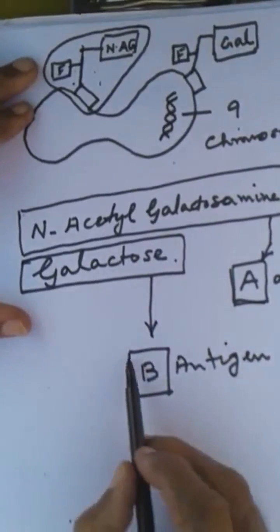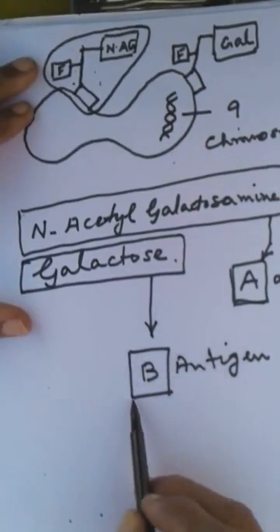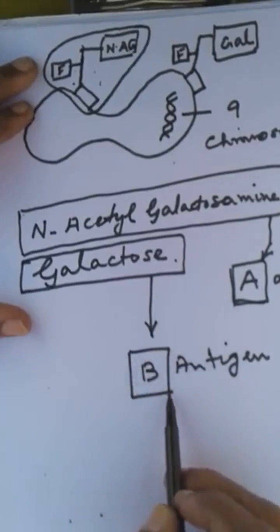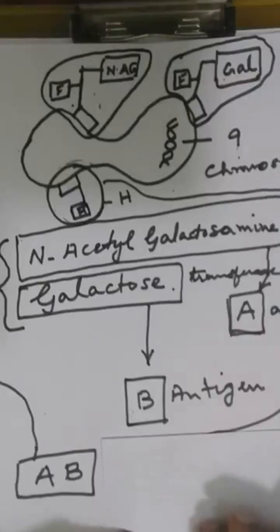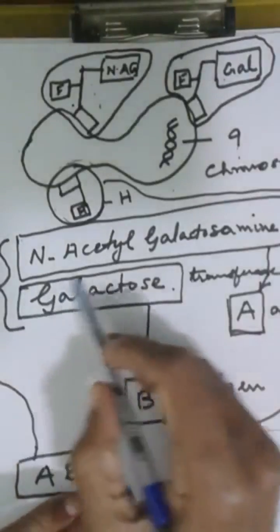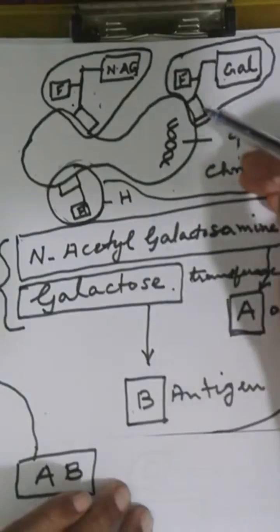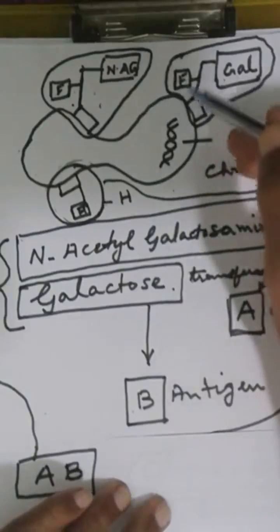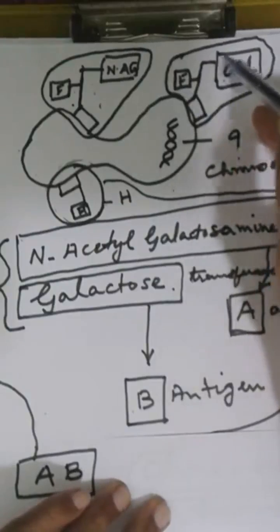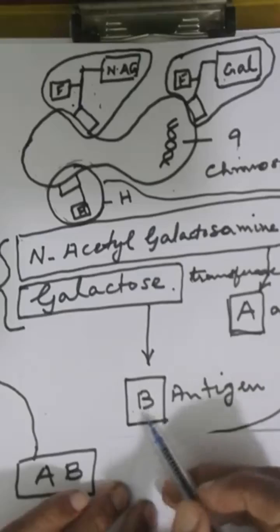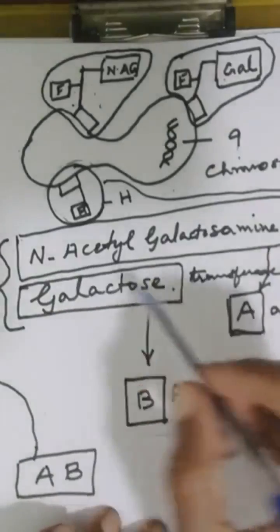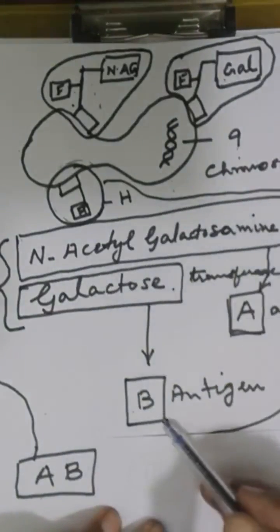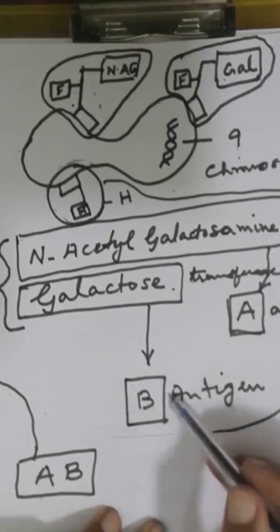So if a person has B antigen, that means his blood group is B. So if galactose is attached to this H substance, it is called B antigen. And the person is B group person.